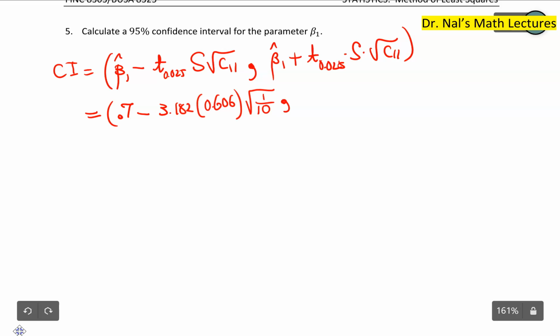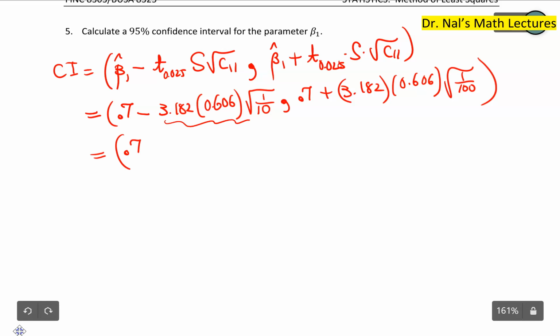And the same thing with a plus sign: 0.7 plus 3.182 times 0.606 times the square root of 1 over 10. This is the lower and upper bound. If you do all the algebra here, that number is I think 0.610. So 0.7 plus 0.610.